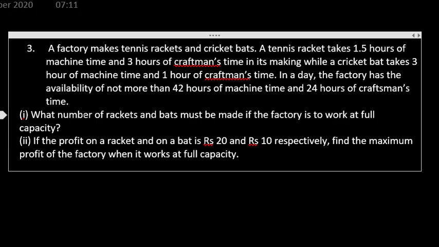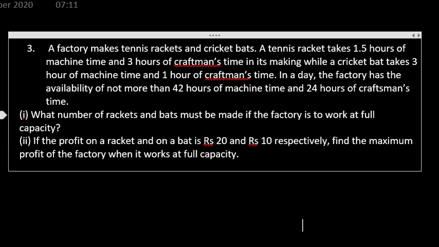In a day, the factory has the availability of not more than 42 hours of machine time and 24 hours of craftsman time. What number of rackets and bats must be made if the factory is to work at full capacity? And second, if the profit on a racket and on a bat is rupees 20 and rupees 10 respectively, find the maximum profit of the factory when it works at full capacity.